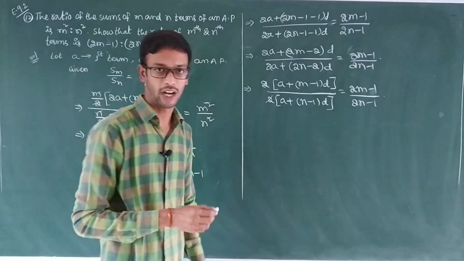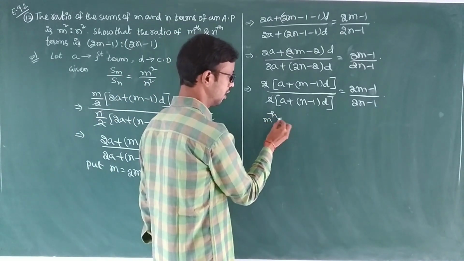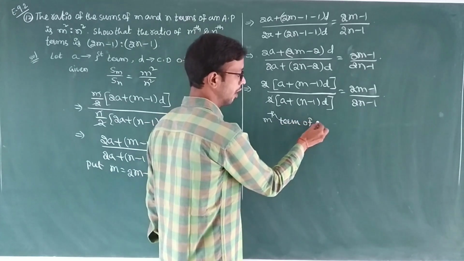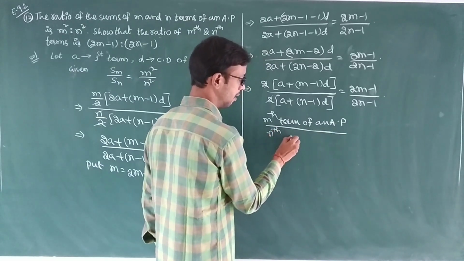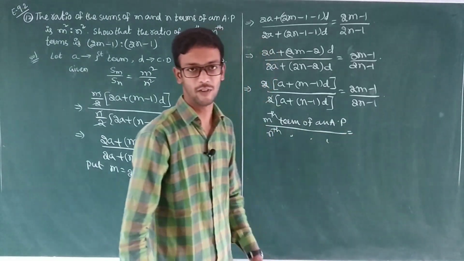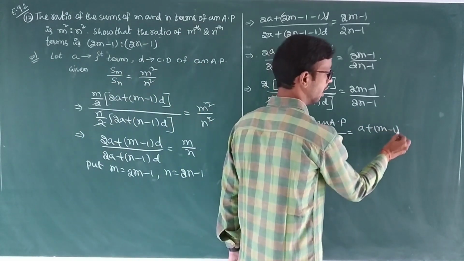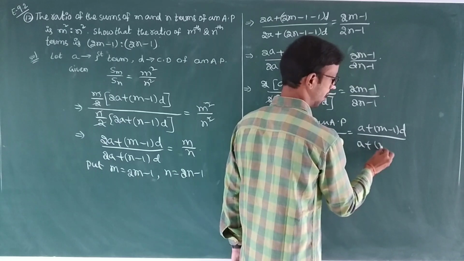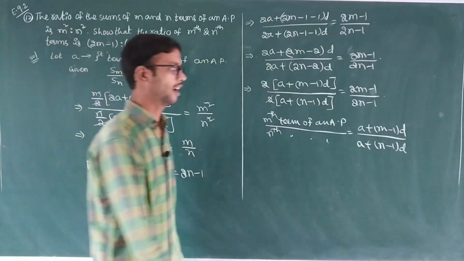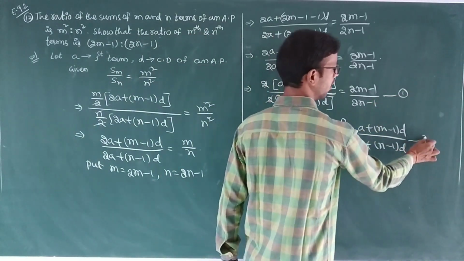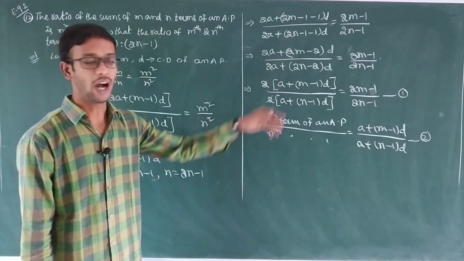So now I can write the ratio. The mth term of an AP divided by nth term of an AP is, what is the formula? (a + (m − 1)d) divided by (a + (n − 1)d). You observe, two equations we are getting: this one equation 1, this one equation number 2. This one we know that. By these two, what we can write?